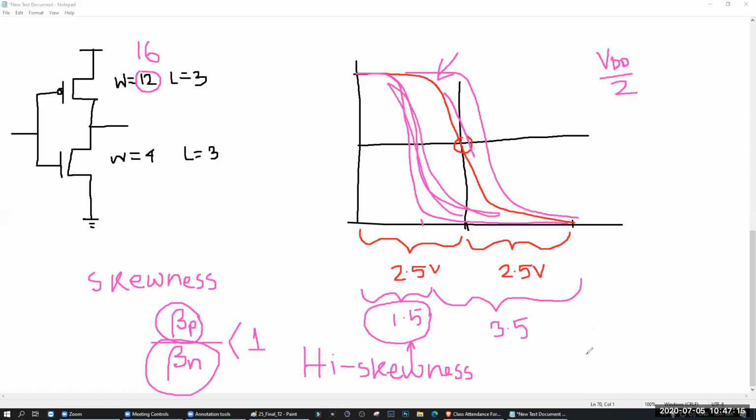That time it will be called low skewed, or low skewness. When will it be bigger? When W and L, when this one is bigger. We will see that. Do not worry, we will see that.